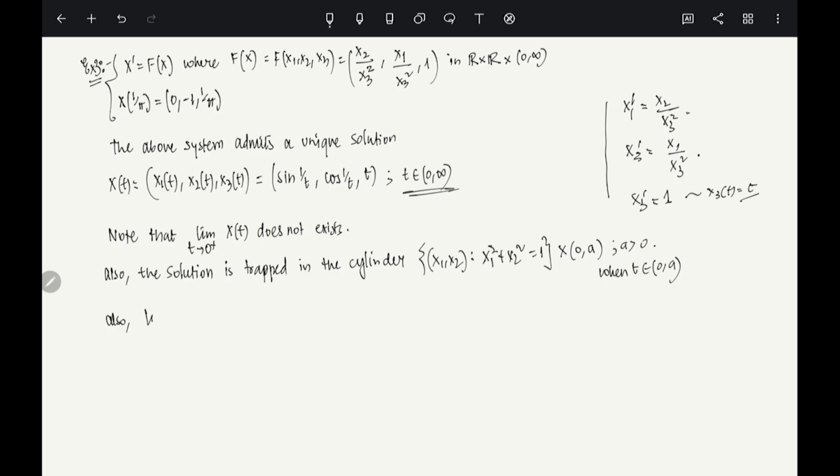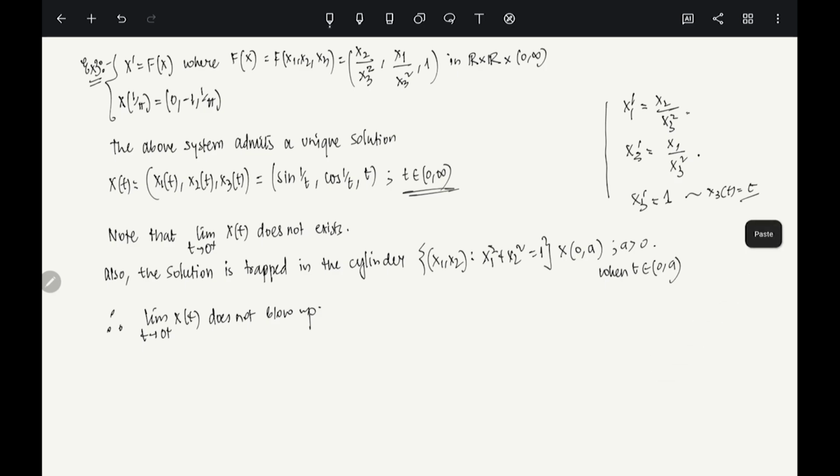So also the limit as t tends to 0 plus of x of t does not blow up. You see, as t tends to 0 plus, the solution always stays inside this cylinder, right? So it cannot blow up, but the thing is, it is not also defined.